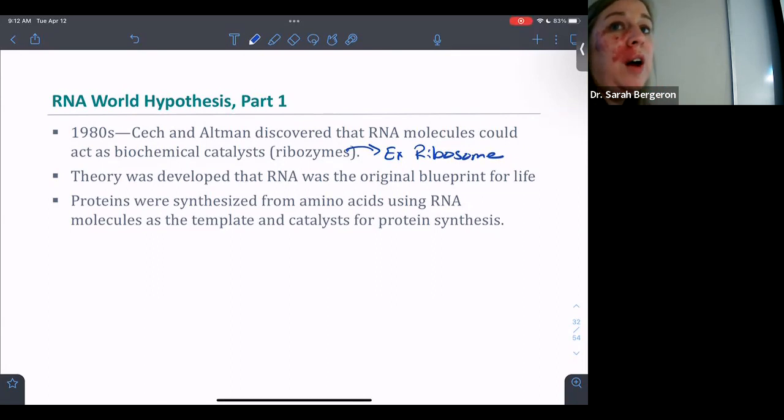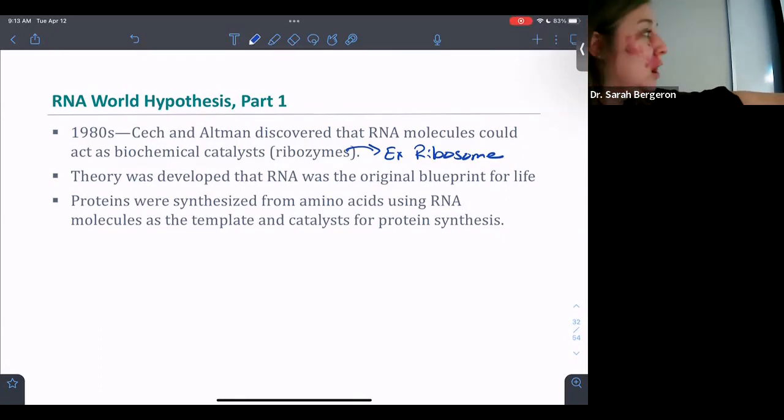So we know that RNA can function as holding genetic material, right? Messenger RNA holds genetic material, maybe not for long, but it does. We now know that it can function as a catalyst. So the more varied functions RNA can have, the more likely it is that it started out as the original blueprint for life, and then we were able to synthesize proteins from that RNA code.